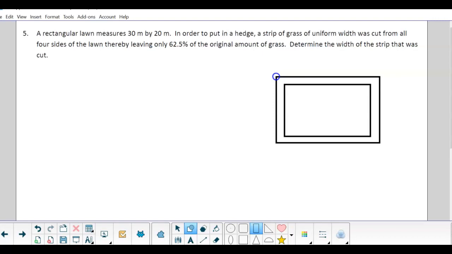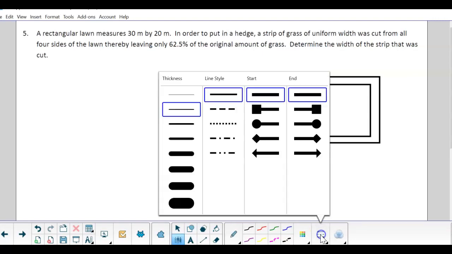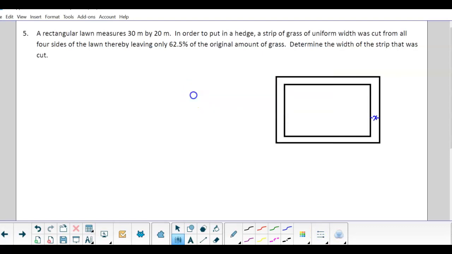It says uniform width. That means the width of the grass that's cut away, not the overall width of the whole rectangle, is the same all the way around. So from that distance to here is x, from there to there is x.